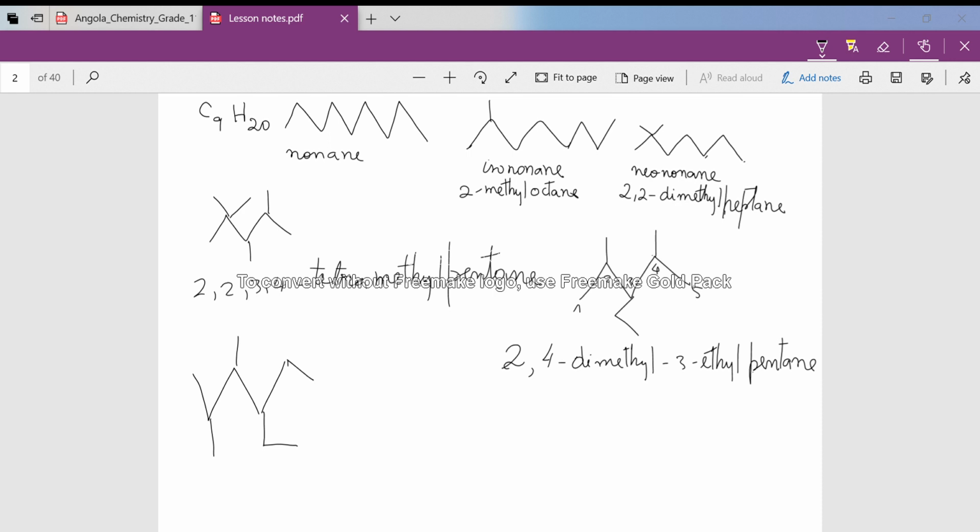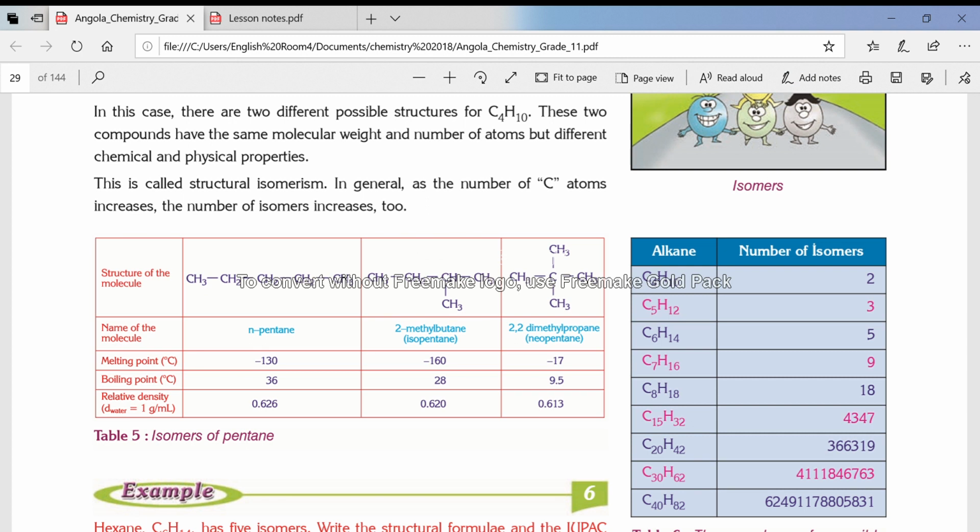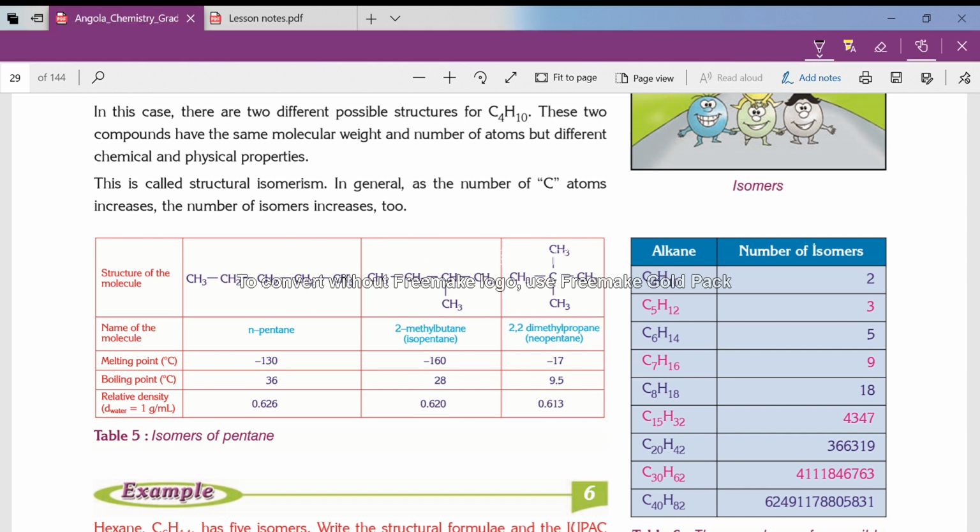So let me give you another example, but before that, let's make sure we've covered everything. In general, and this is important, the number of isomers increases with the number of carbon atoms. So the more carbons we have, the more isomers we have.